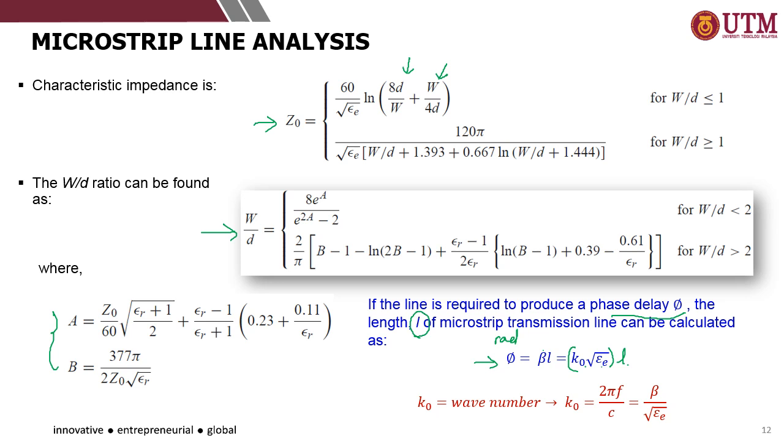From here, k0 is equal to 2 pi f over c. So from here you can get the L, the length of the microstrip structure, considering the phase shift or phase delay required by the system.